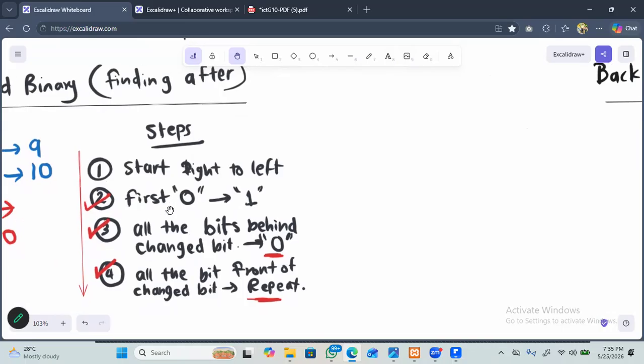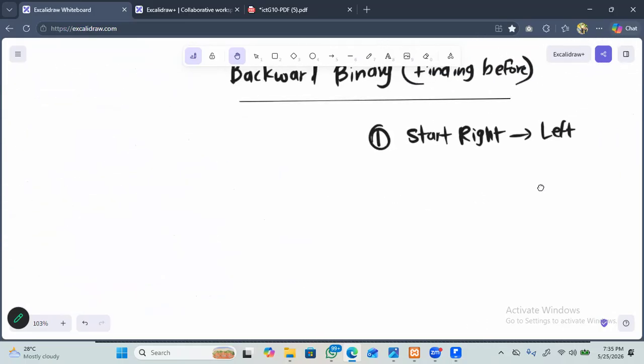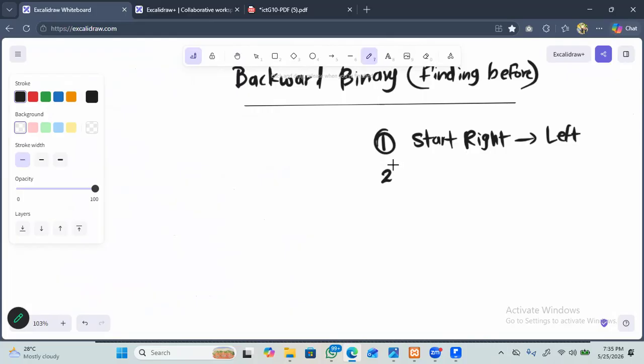See, previously you changed the first 0 to 1. Now you should change the first 1 to 0.